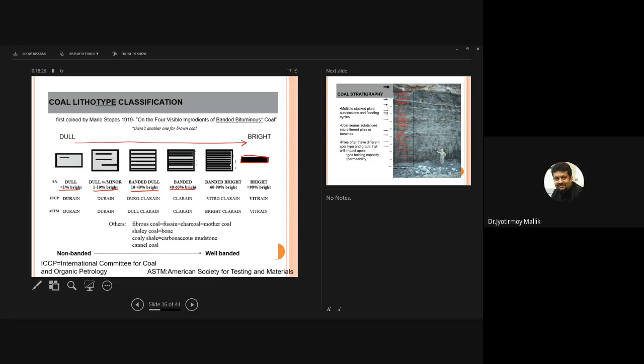Banded bright, 60 to 90%. And bright coal, where more than 90% bright band is present. This category we can also call non-banded coal, because the banding is not very well developed.